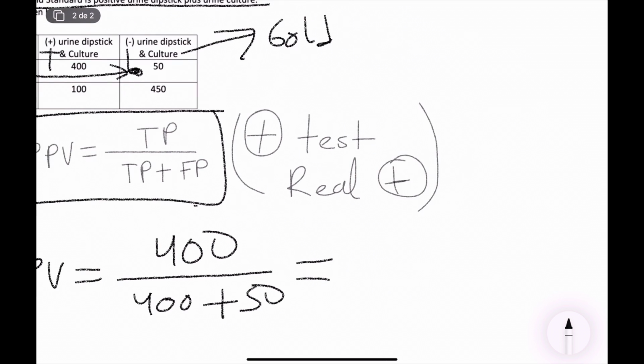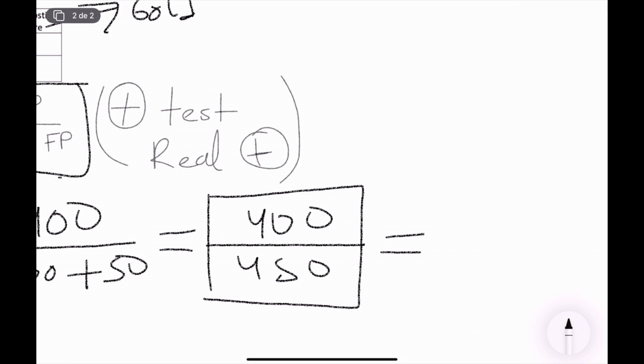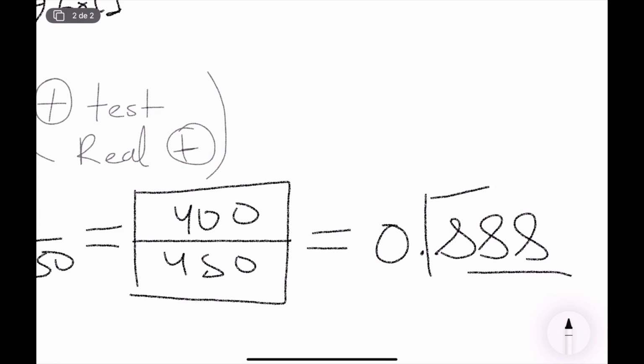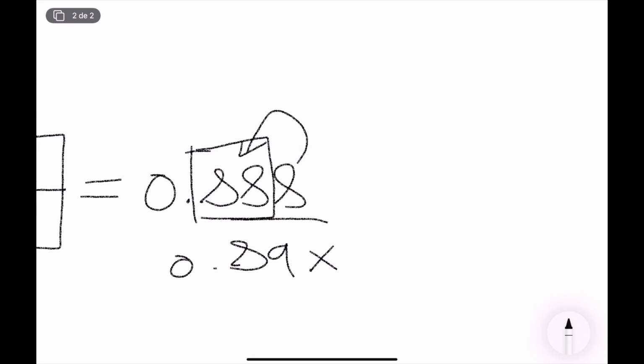So we make the operation, and if we make this operation, we obtain a result of 0.888, and sometimes this kind of result is not in the test because the number is rounded up, so it is 0.89 multiplied by 100.